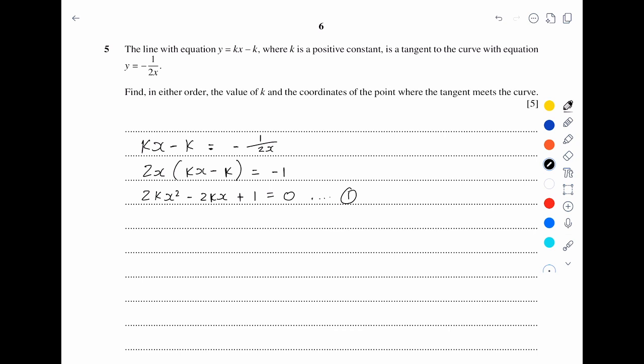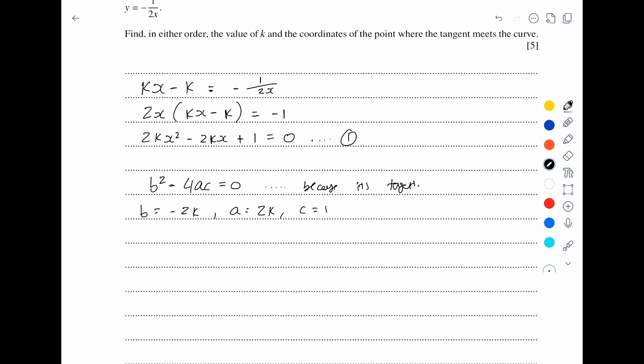And so, therefore b in this context is -2k. A, meanwhile, is simply 2k. And c is 1. And so we can say that we've got -2k squared minus 4 times 2k times 1 is equal to 0.